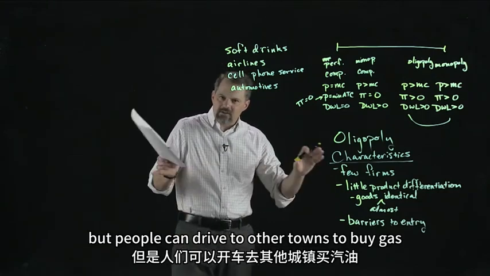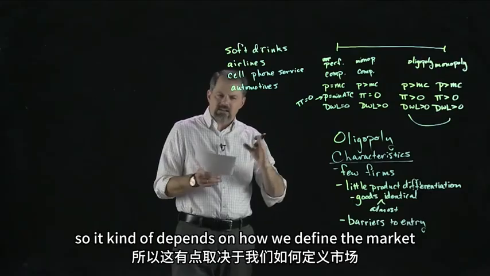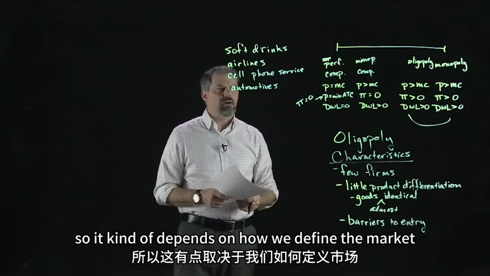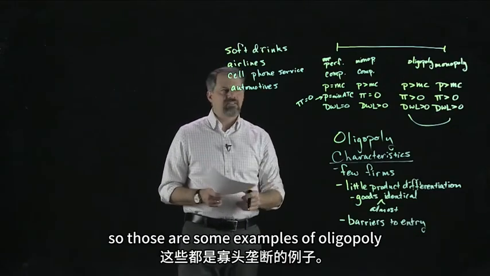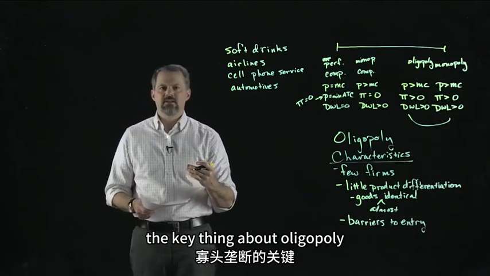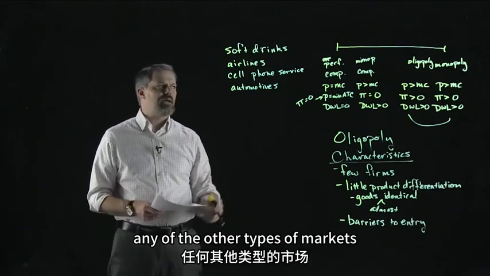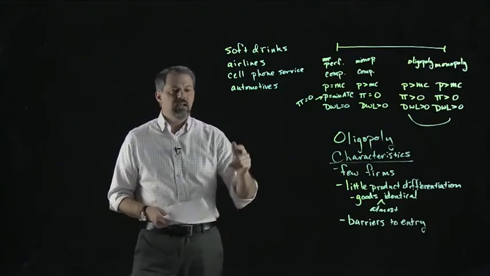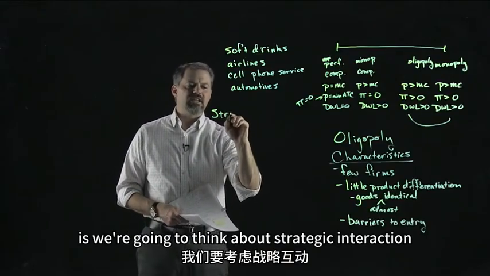But people can drive to other towns to buy gas, so it depends on how we define the market. So those are some examples of oligopoly. The key thing about oligopoly that's different from any of the other types of markets that we're going to think about is strategic interaction.